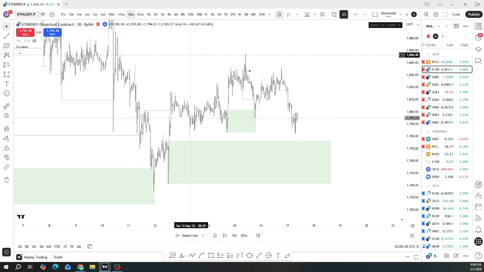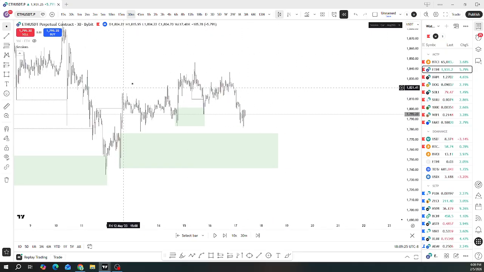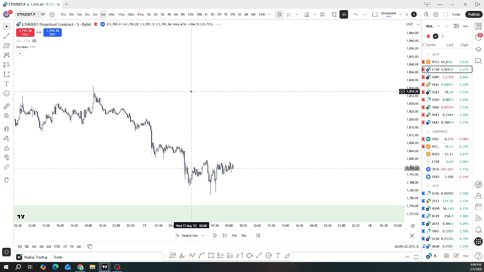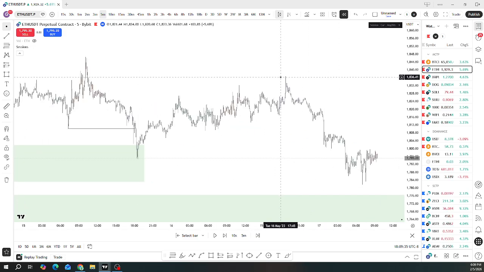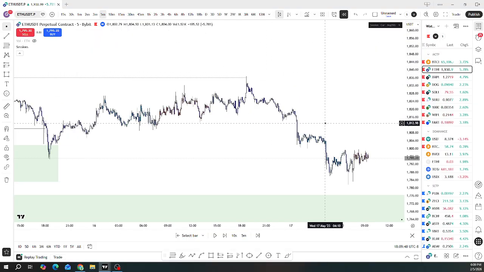ETH, getting the follow through to the downside, overall having the topping formation inside of here where you got the bearish break. You got some exhaustion, bearish break, redistribution here. Came up pretty nice, sweeping all that liquidity.